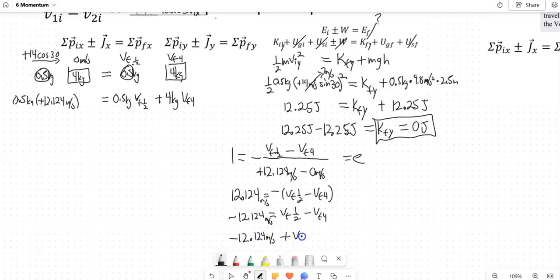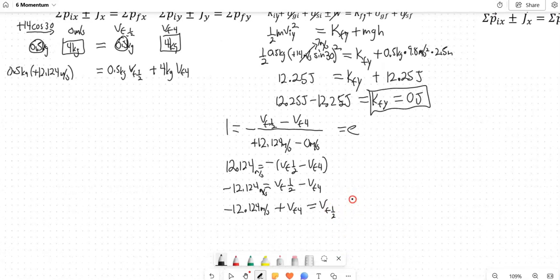Plus the V final 4. We're going to add this to both sides, and that is going to be V final a half. Okay. So this is going to be our equation that we're going to sub into. We're going to sub this into our momentum part that we were doing.